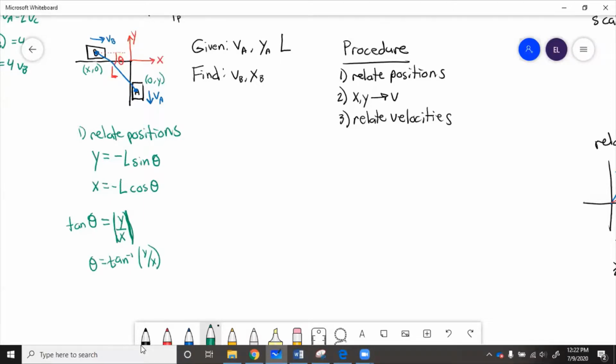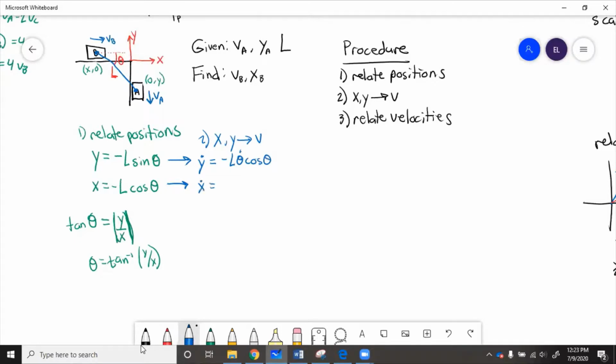So then step 2, use position to get velocity. So we just take the derivatives. Y dot equals negative L theta dot cos theta.